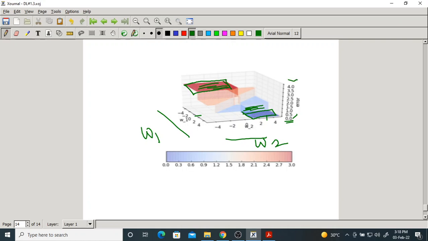How many? 4. So this is a brief way of identifying the error surface depending upon the W1, W2 values. If you choose proper values for W1 and W2, you may get 0 errors. If not, we may get more errors. So this is a brief way of illustrating the error surface for W1 and W2.